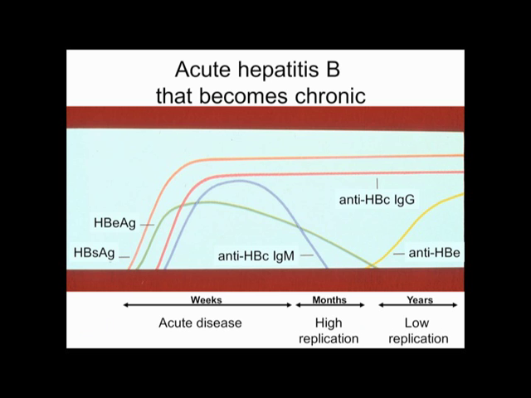And if you measure DNA, you can usually measure DNA in blood. So a chronic disease is the virus is there, so you have surface antigen, you have IgG antibody to core, you may later on have an antibody to E, and you've got the DNA.